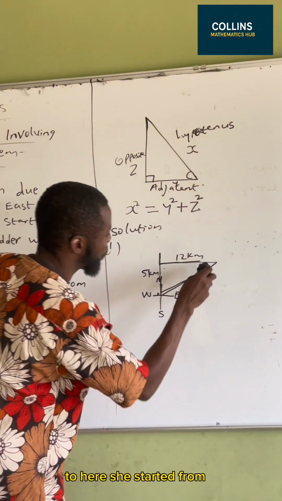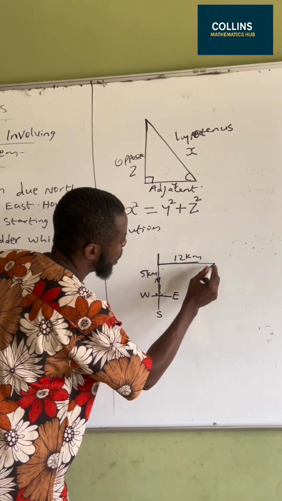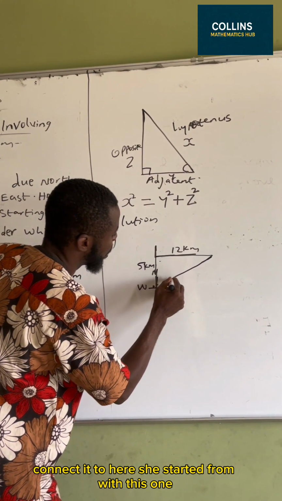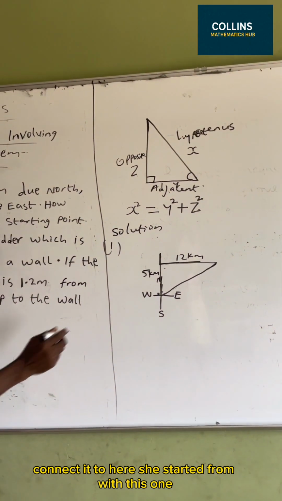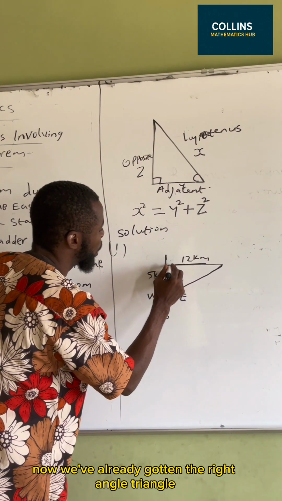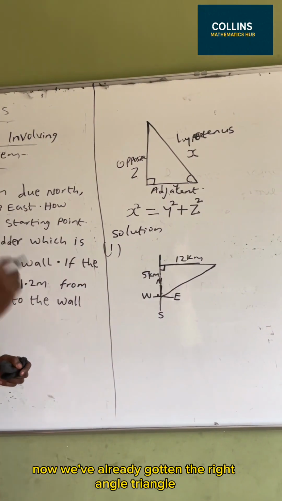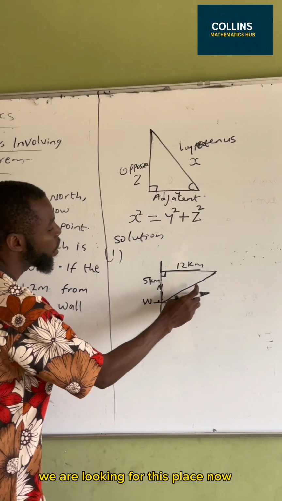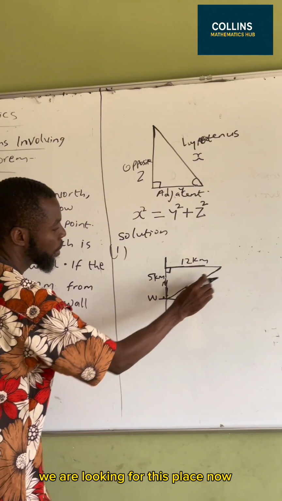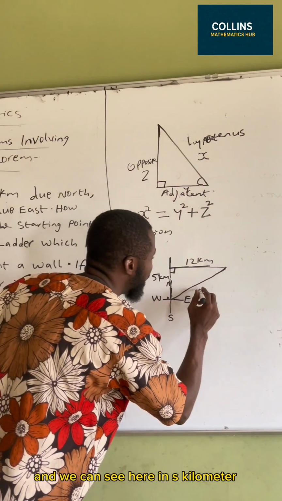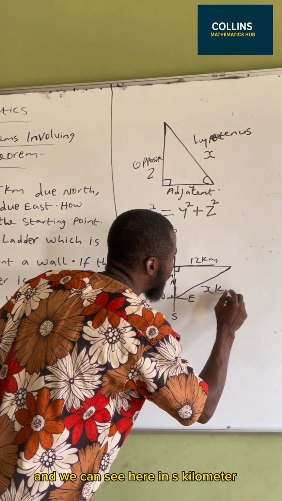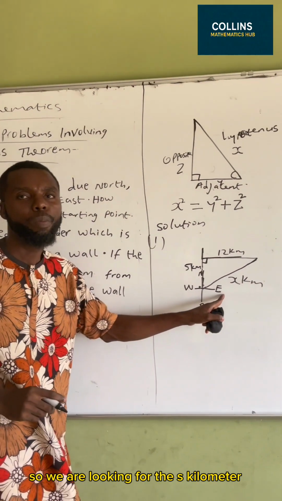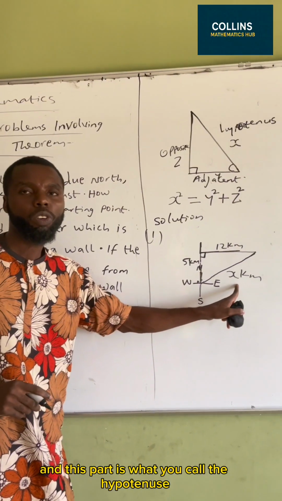With this, we've already got the right angle triangle. So what we are looking for now is this distance, and we can say here is S kilometers. So we are looking for S, and this part is what you call the hypotenuse.